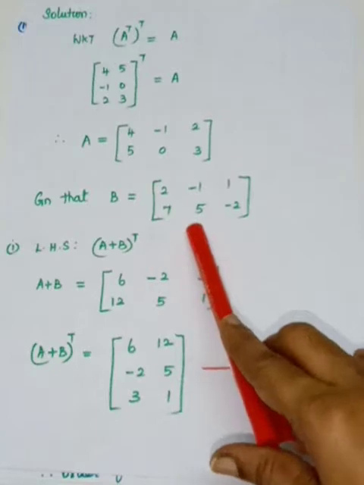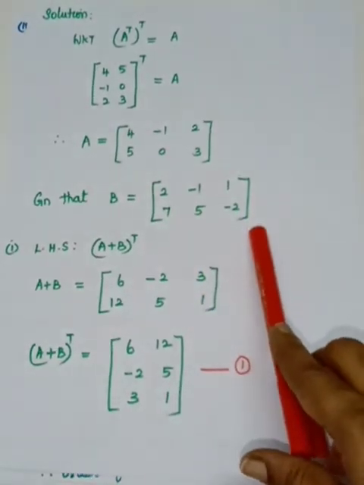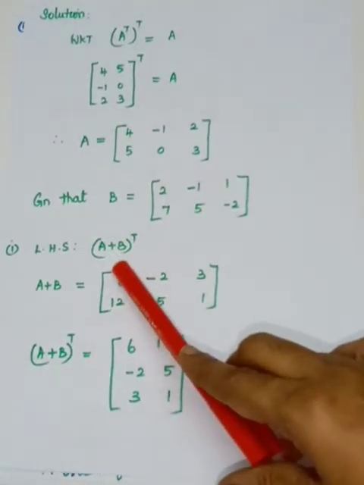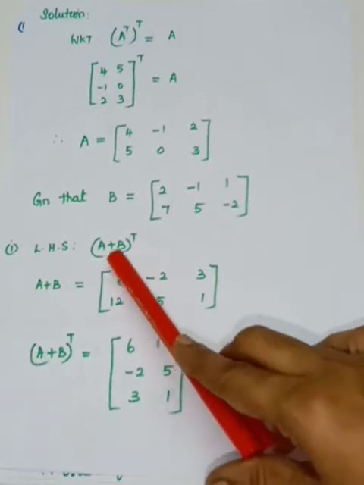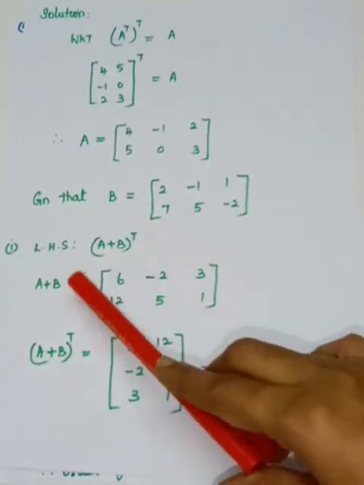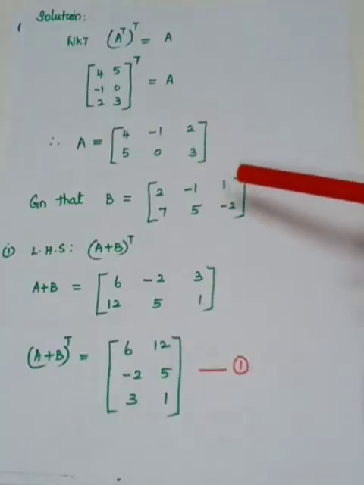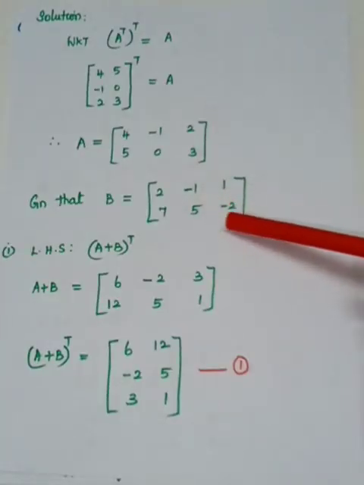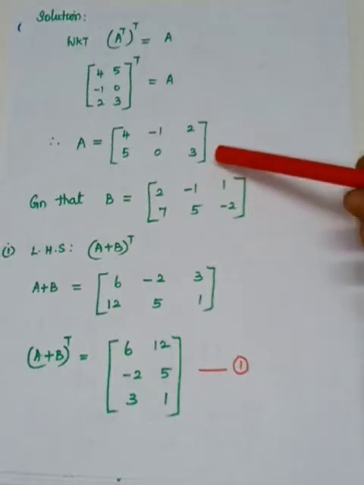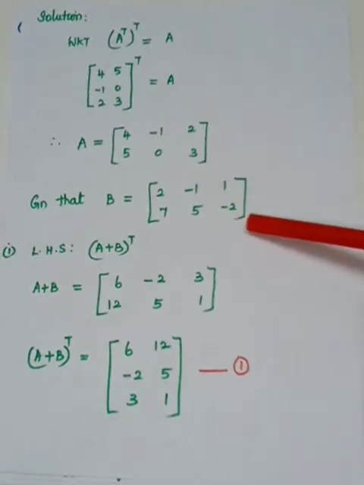Also, matrix B is given. So in the first subdivision, on the left hand side, you have to find A plus B the whole transpose. First you have to find A plus B, so these two matrices have to be added. Before that, the order should be the same. Both orders are the same and the corresponding entries have to be added.